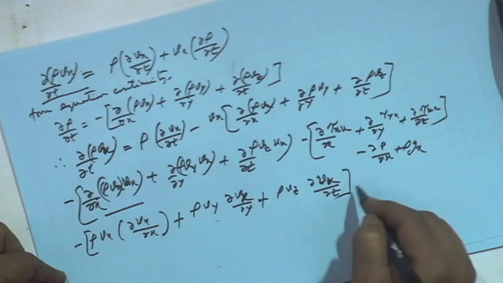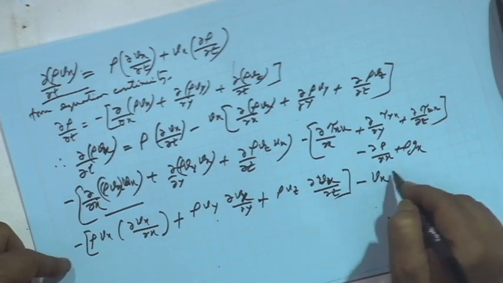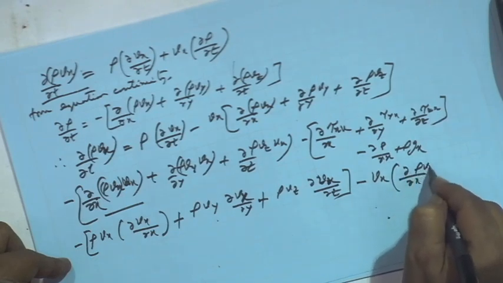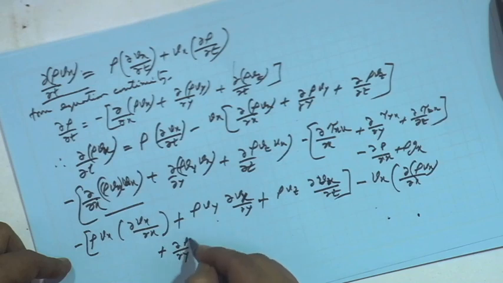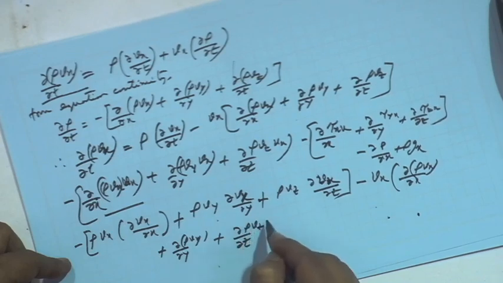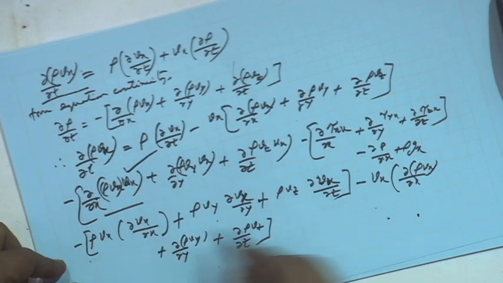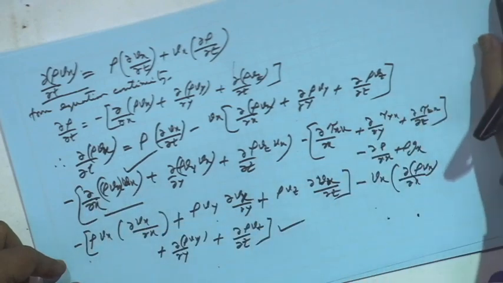This we could have written, and this minus Vx times del x of rho Vx plus del y of rho Vy plus del z of rho Vz, right. This term on expansion we can write like this, as u and v.